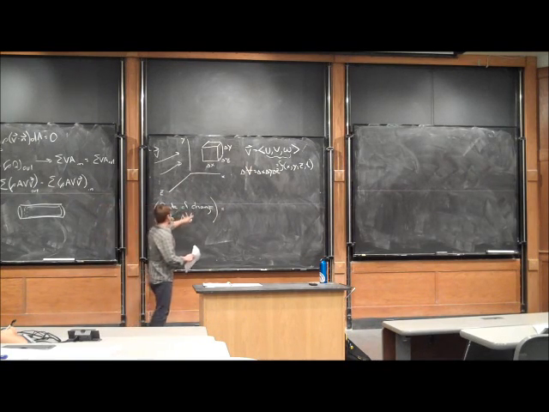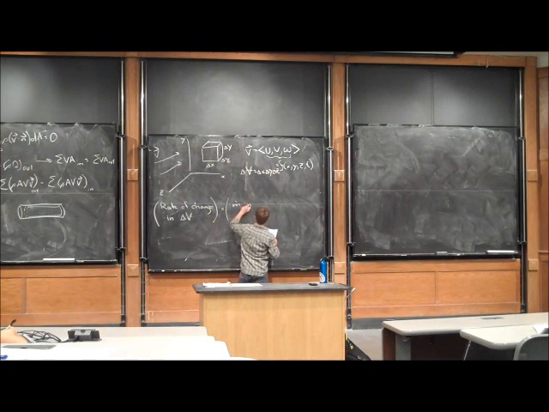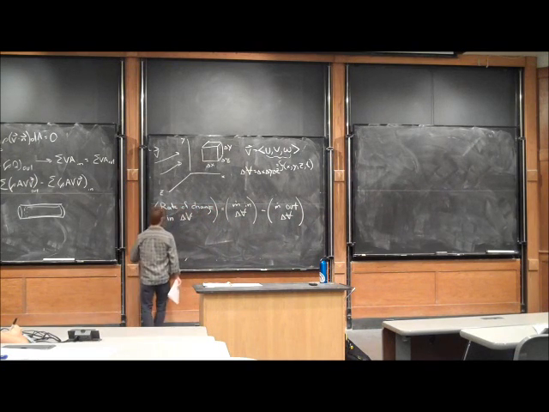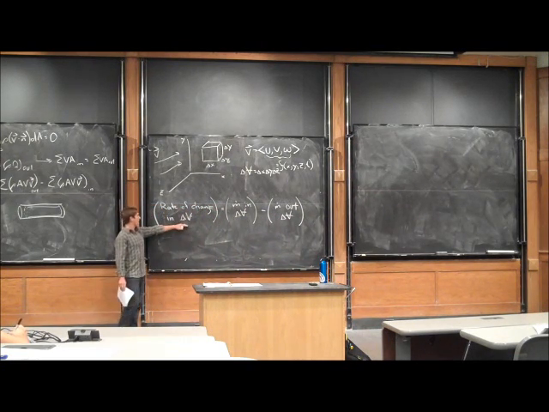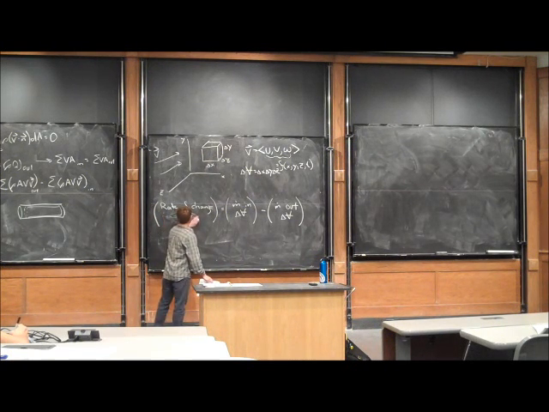So the rate of change of the mass in this cube is only equal to the mass going in to delta V minus the mass going out of delta V. So that's how we can define the rate of change of the mass in delta V.